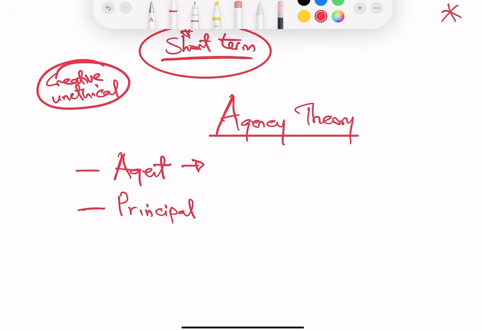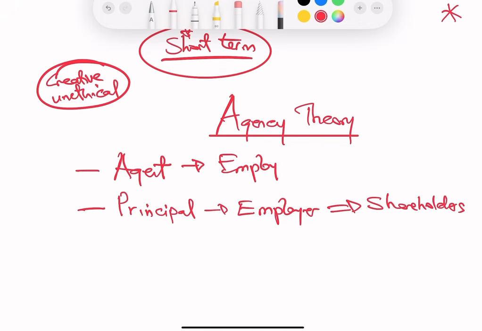An agent is just someone that has been employed to carry out a task on behalf of its principal. So if I put it in a simple way you can understand, the principal is your employer. In this case, we are talking of the shareholders. Whereas the agent is the employee, the party that has been contracted to act on behalf of his principal, and that is the director here.